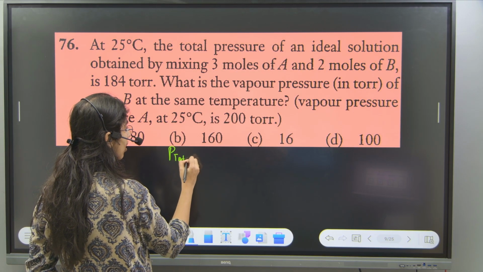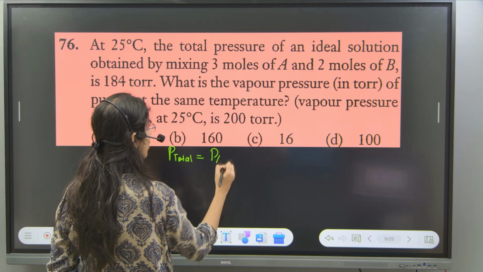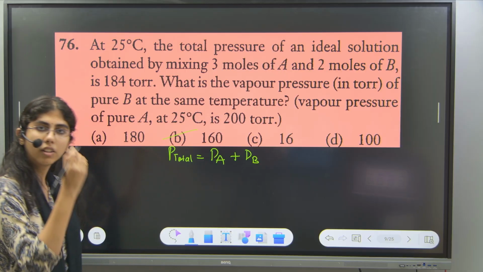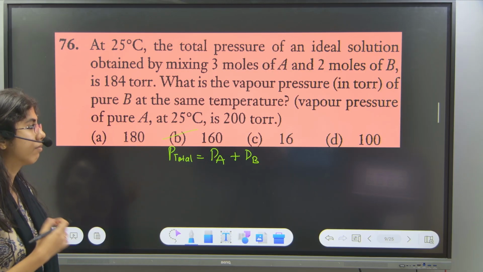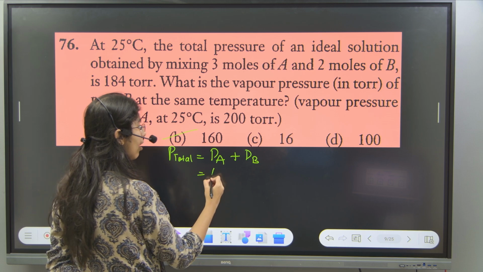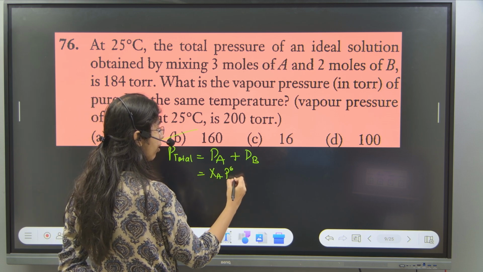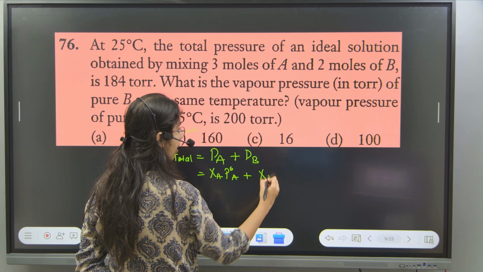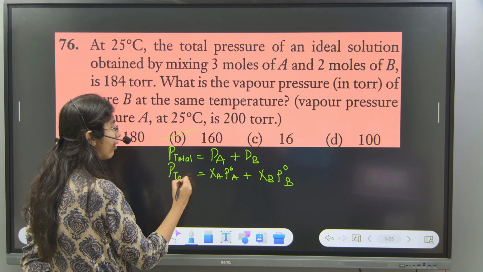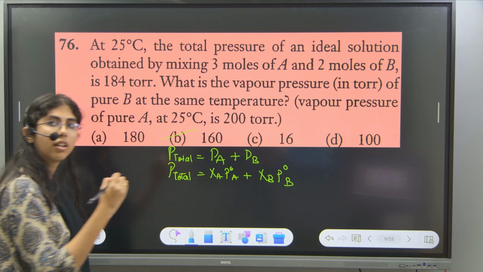Total pressure, Option B. This is the formula you have to apply: pressure of A and pressure of B is equal to total pressure. They have given you total pressure, and this one will be mole fraction of A into this. Right? Any other answer? Look, I have given you the formula also. Very simple.